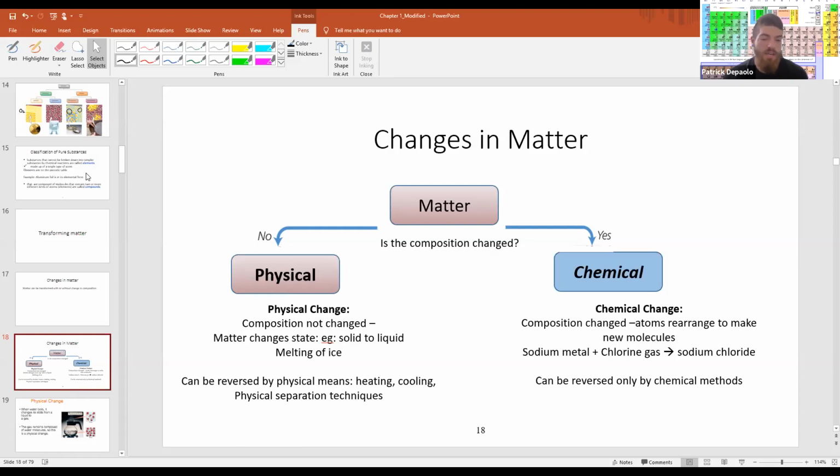A physical change has to do with those, in which the composition of the compound or substance is not changed chemically, but the physical state of it is changed, for example, from solid to liquid, from gas to liquid, etc. It can be reversed because you can boil water and then it recondenses when it loses its heat, for example. That's how you get dew and stuff.